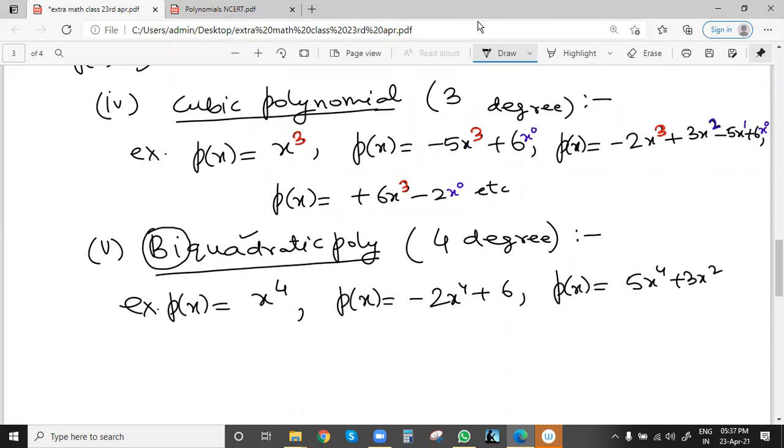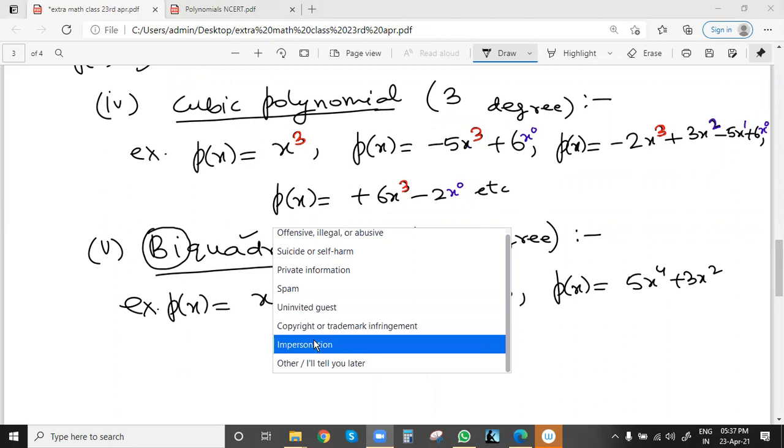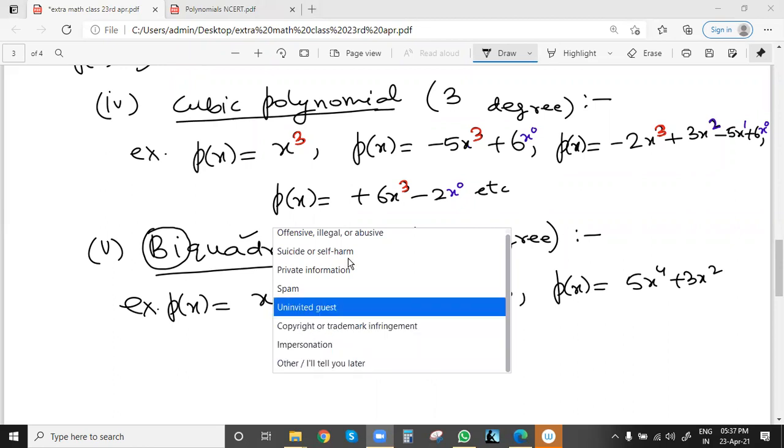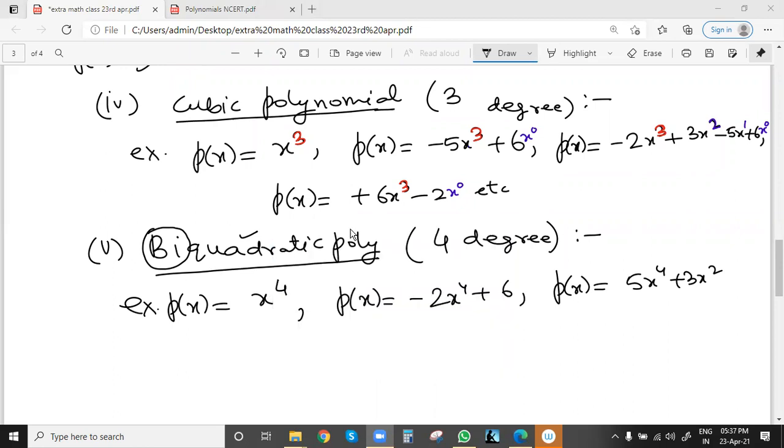You're from Zoom management. Sir, can you clear the chat box? Chat, why they are using this language?